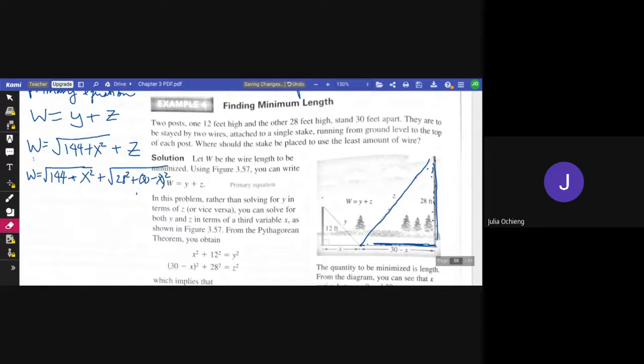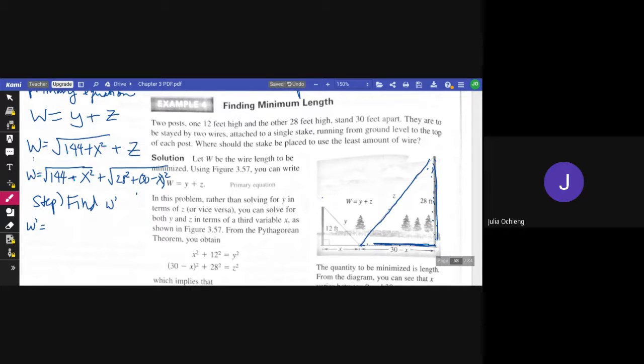So the first thing I'm going to need to do is find... So once I have my primary equation, the next step is going to be to find the derivative of w, which we're not going to do because it's... well, maybe we'll do that part.